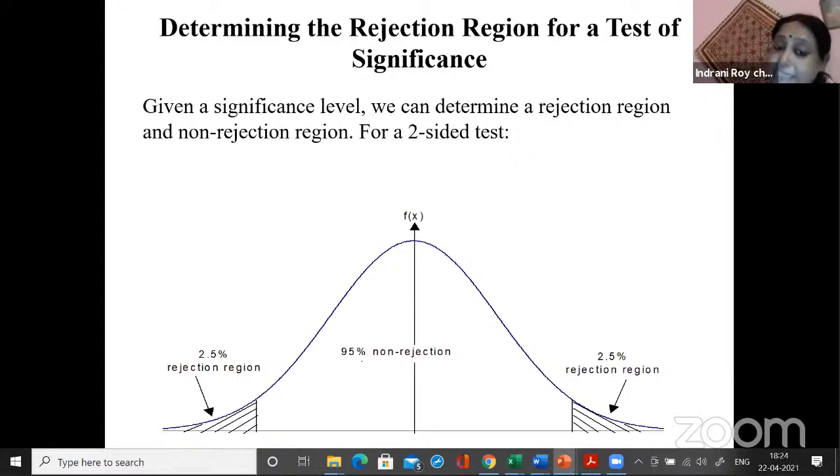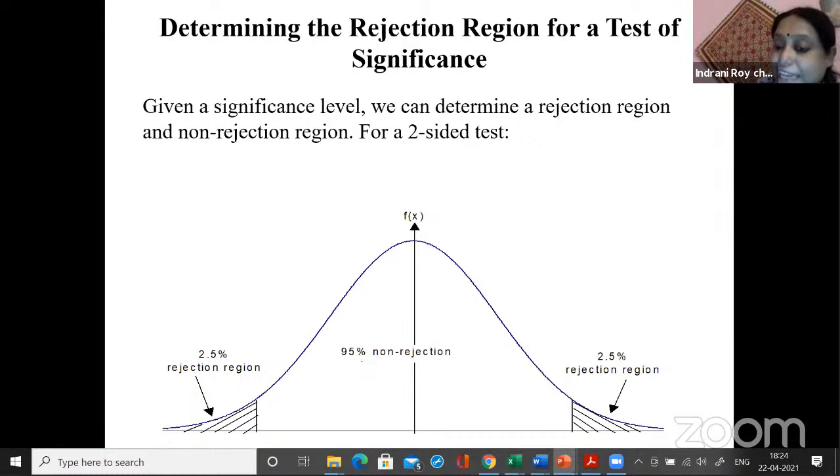As I said, our objective as a researcher is to get our regression output to be statistically significant so that you can reject the null hypothesis. So how can you do that? You need to have a high value of T, so that it lies in the critical region. The critical region is also called the region of rejection.